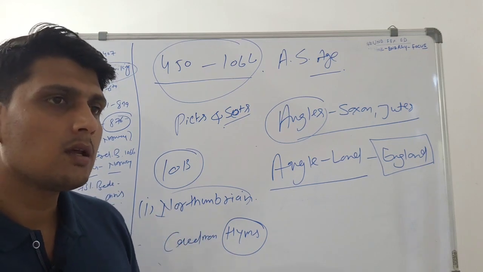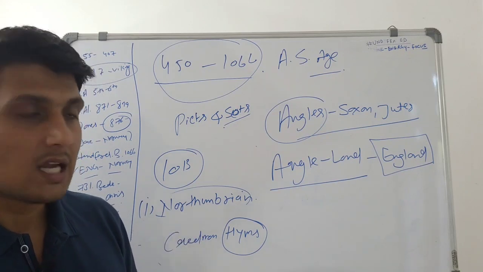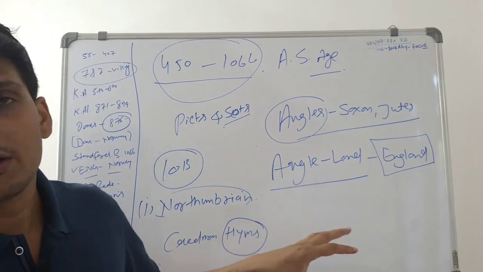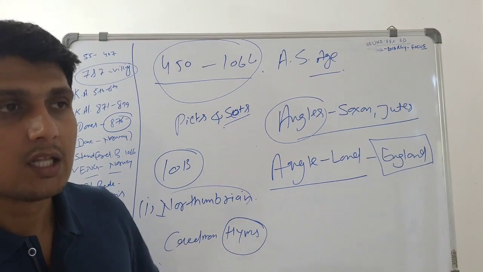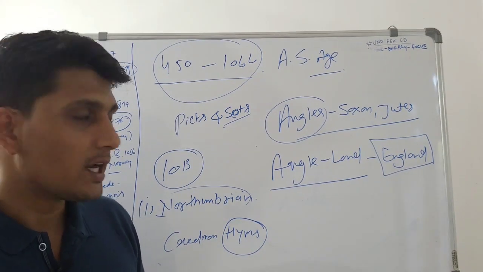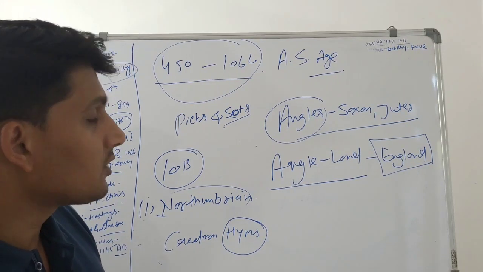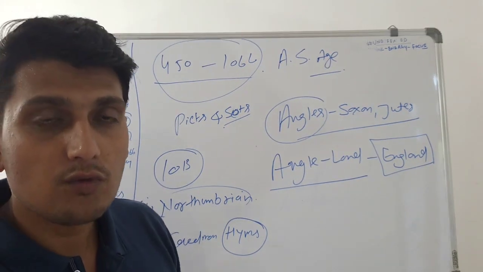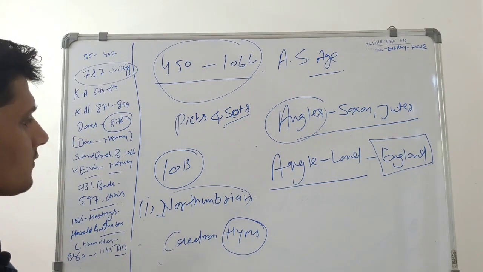That was the main subject of their literature during this time. And oral literature was prevalent during this time period. There was not much written literature that we get to see. So the tradition of oral literature was followed during this period. Okay, Northumbrian was the very first dialect.